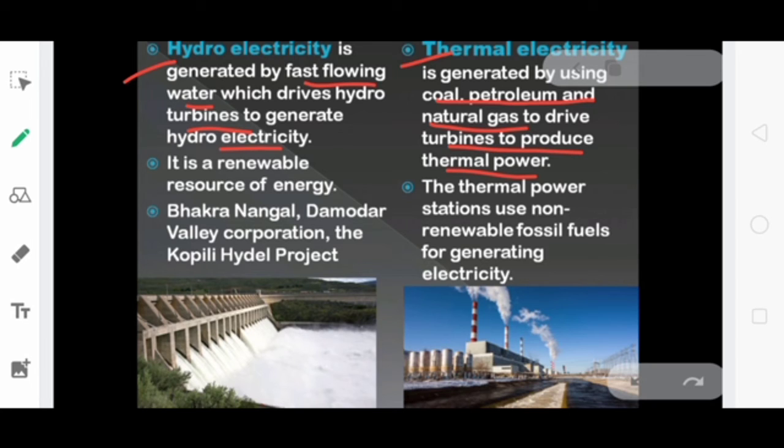Hydroelectricity is a renewable resource of energy. It is renewable. And examples are Bhakra Nangal, the Damodar Valley Corporation and the Kopili Hydel Project. The thermal power stations use non-renewable fossil fuels for generating electricity. So that's the difference between hydroelectricity and thermal electricity.